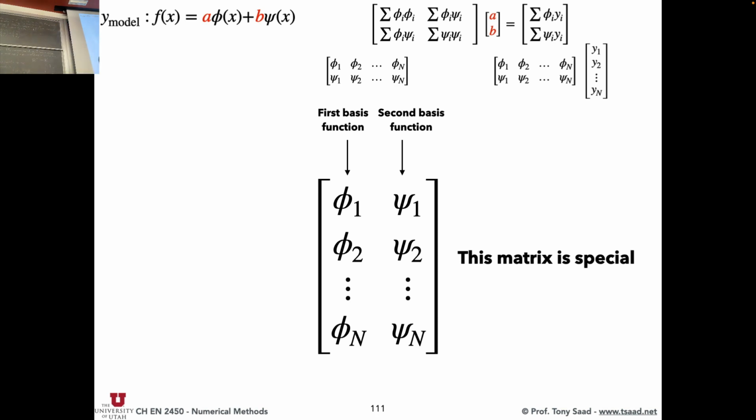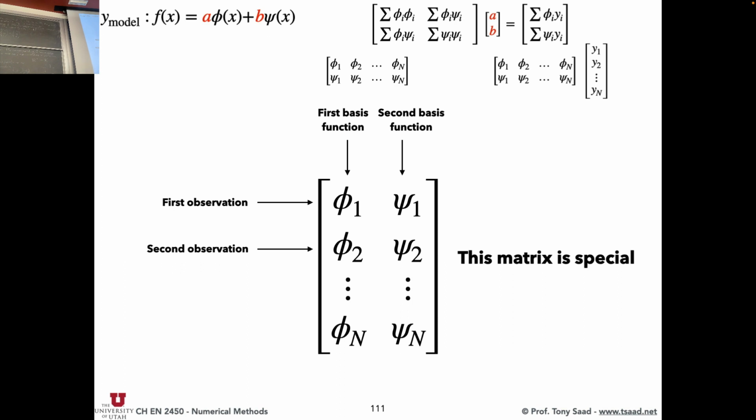The first column contains the first basis function, phi, and the second column contains the second basis function, psi. But then the rows contain the observations. Phi evaluated at the first observation and psi evaluated at the first observation. And then same thing for the second row, second observation for phi and psi.